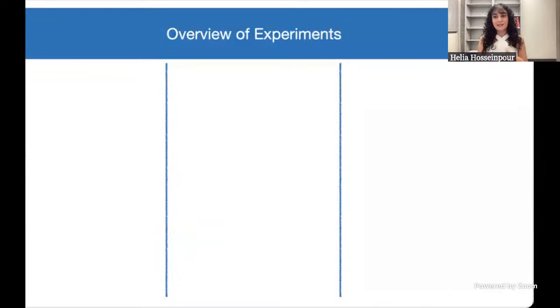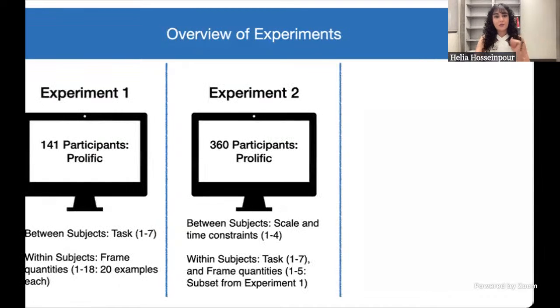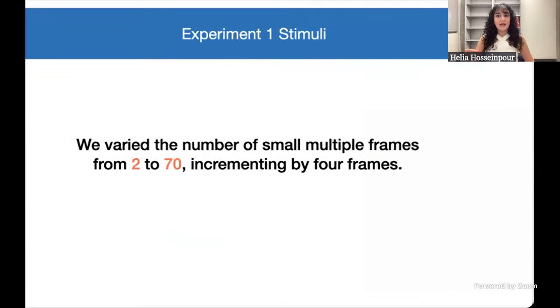To investigate the limits of small multiples, we conducted two online studies with 141 and 360 participants respectively, and a follow-up eye tracking study with 5 participants. We tested a large number of stimuli in experiment 1 by varying the number of small multiple frames from 2 to 70, incrementing by 4 frames.